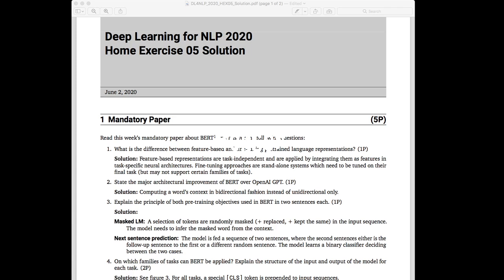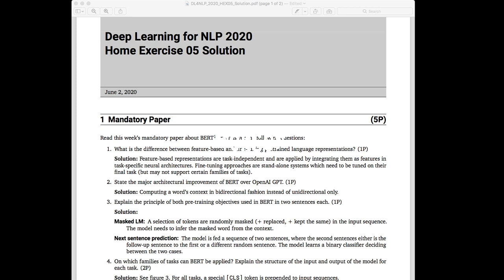This is in contrast to BERT, because BERT is trained with a masked language model. For example, we can mask specific tokens of input sequences, and we use bidirectional context information to predict these masked tokens, right?